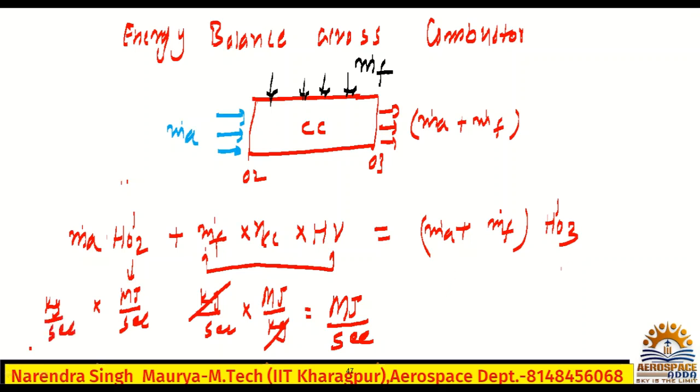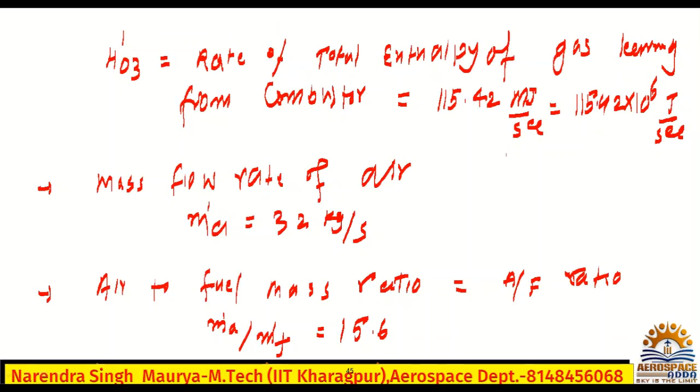Similarly here also h naught 3 dash unit is megajoule per second, and this is kg per second. You check, h naught 3 dash unit is megajoule per second.